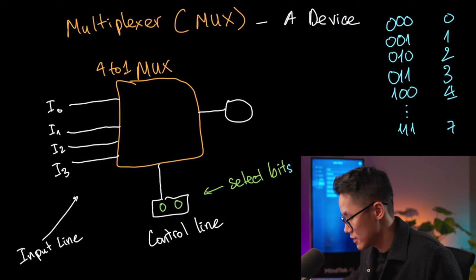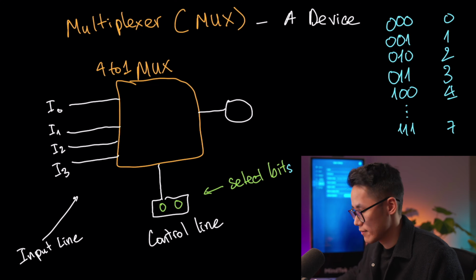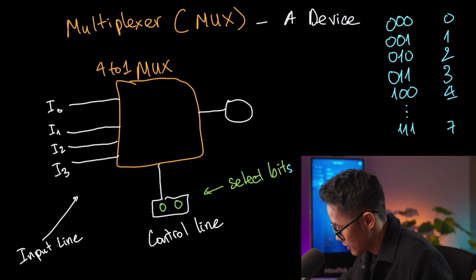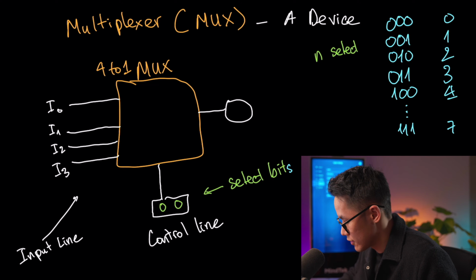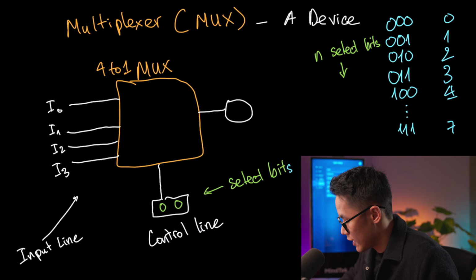And 1, 1, 1 is 7. So it controls the input 7. So as you can see, if I have n select bits, where n is a number, then I will have 2 to the power of n inputs that I can control.